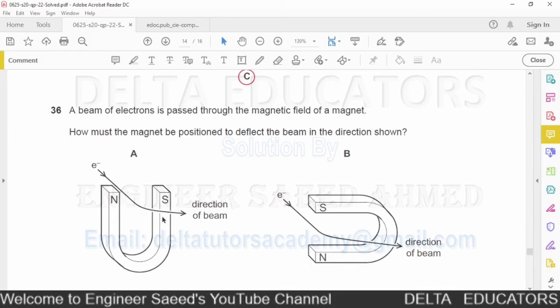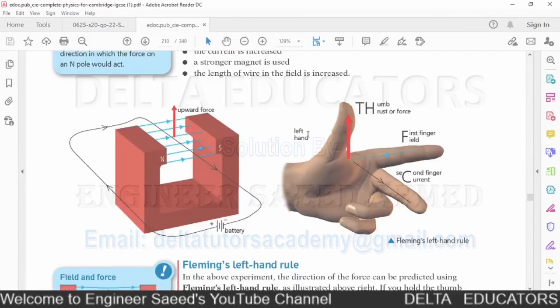passing the magnetic field. To find out the direction of the force, we have to take help of Fleming's left-hand rule. In Fleming's left-hand rule, we have studied that this first finger represents the direction of the magnetic field. This second finger represents the direction of the flow of electrical charges, and this thumb represents the direction of the resultant force on the electrical charges.